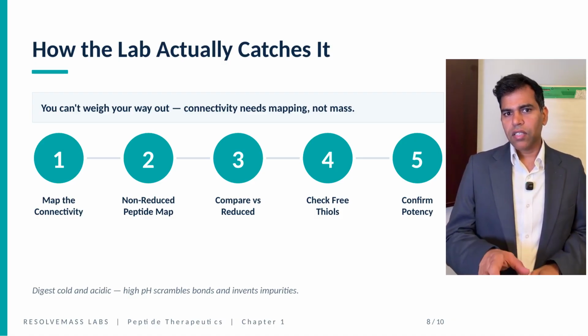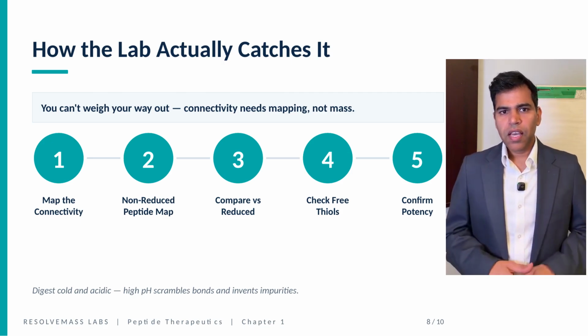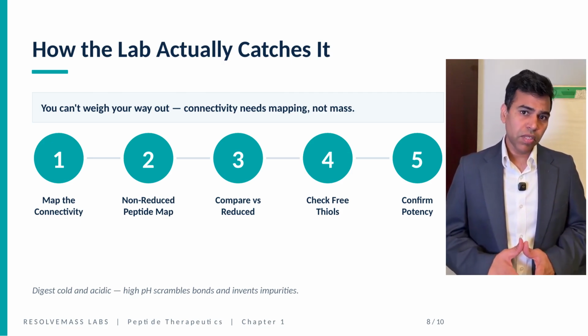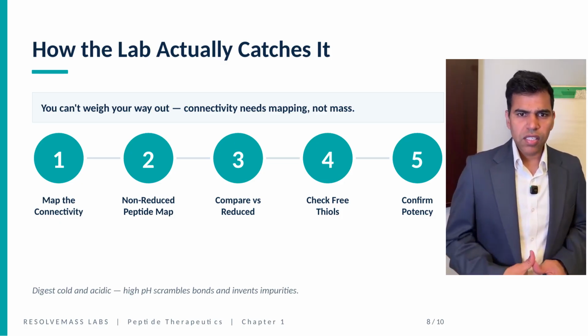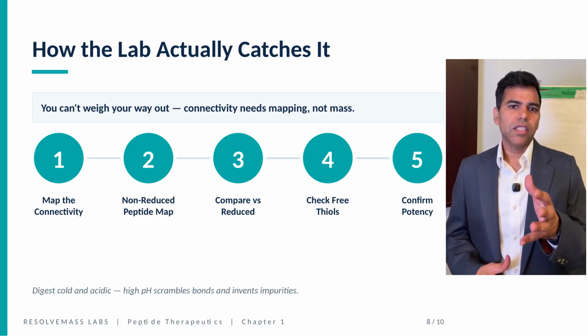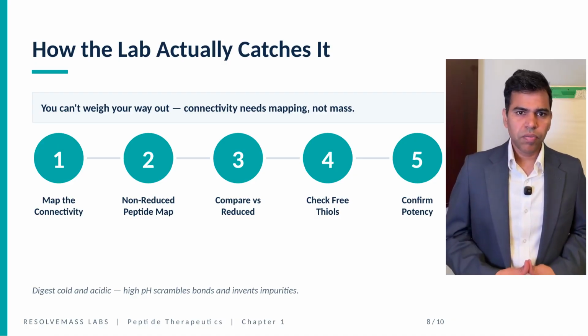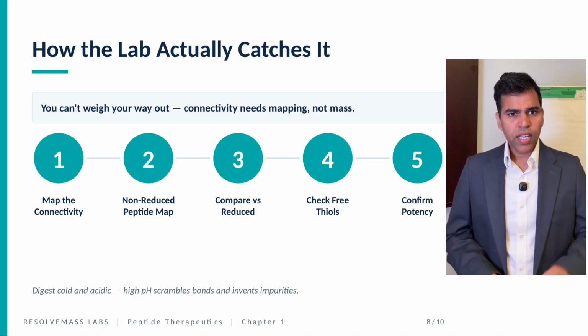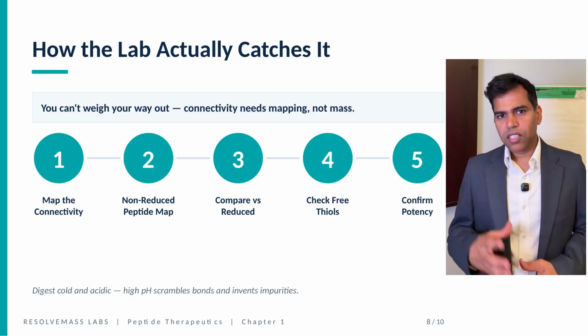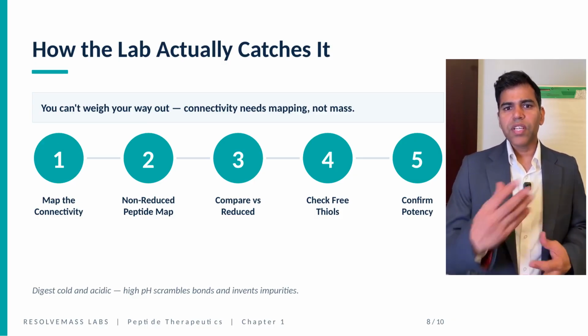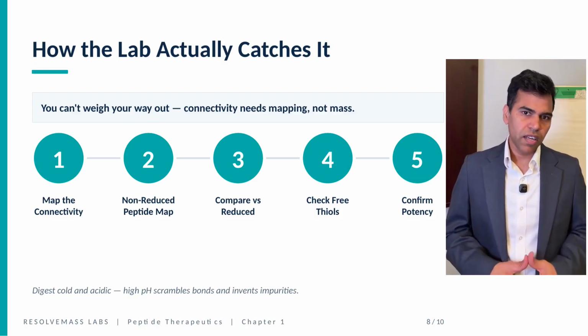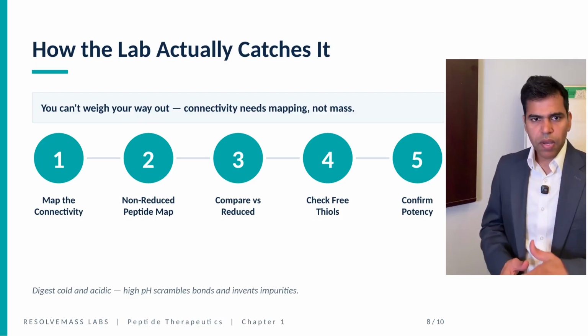Compare that to a reduced map and the linkages reveal themselves. You check for free thiols, confirm potency, and this is the part teams underestimate. You keep the digestion cold and acidic. High pH scrambles disulfides during sample prep and invents impurities that were never there. Your own method can lie to you.